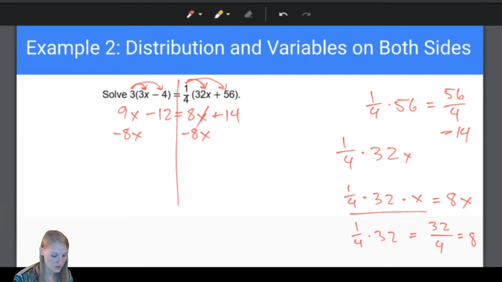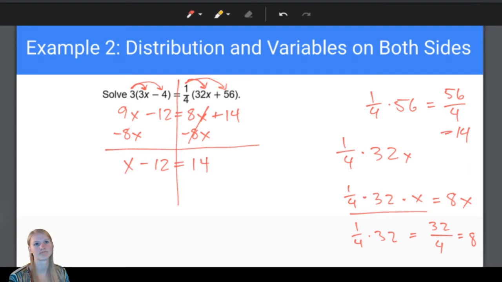So that when I do that, I have 9 minus 8 is positive 1x minus 12 equals 14. Doesn't matter. Again, you'll get the same answer if you subtract 8x or if you subtract 9x. It's whichever way you like to do it best. Okay, so we subtracted 8x from both sides, this canceled out, and we are left with this equation.